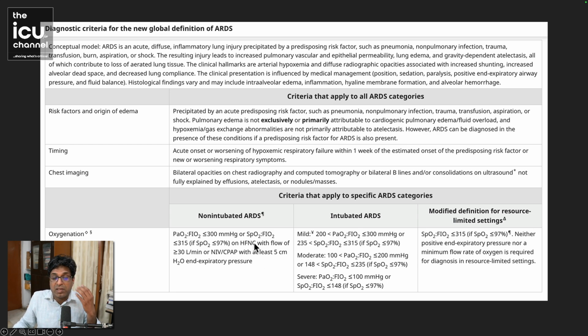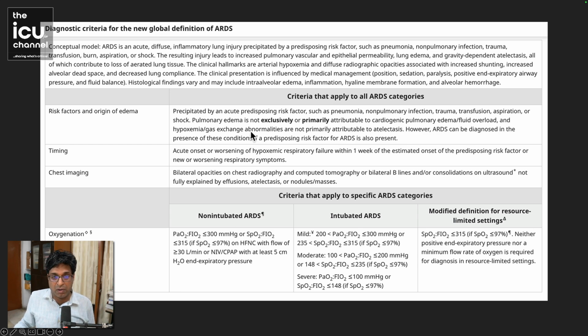Now, if the patient is on HFNC, then the flow of the HFNC should be more than 30 liters per minute, meaning you are requiring that amount of oxygen flow. Then only you will say that this patient has ARDS. So if the patient is on HFNC with flow more than 30 liters per minute, and either the PaO2/FiO2 ratio is less than 300 or the SpO2/FiO2 ratio is less than 315, we call it ARDS.